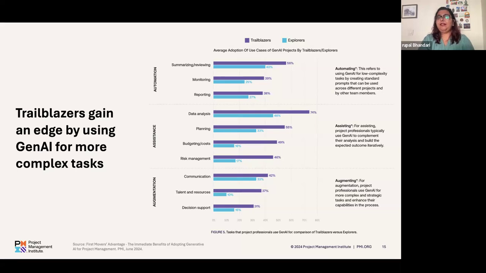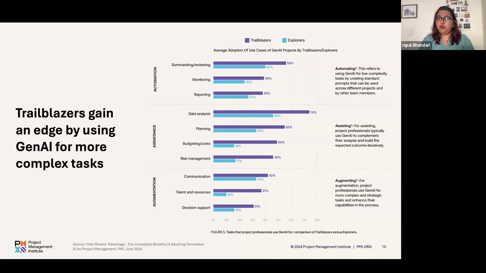So one of the main things, as you see on the screen, if you look at automation, summarizing, reviewing, monitoring, reporting, we see trailblazers are using AI for these a lot more than explorers. Things like data analysis, planning, budgeting, risk management, assistance tasks, essentially, we again see trailblazers are using AI a lot more than explorers are.